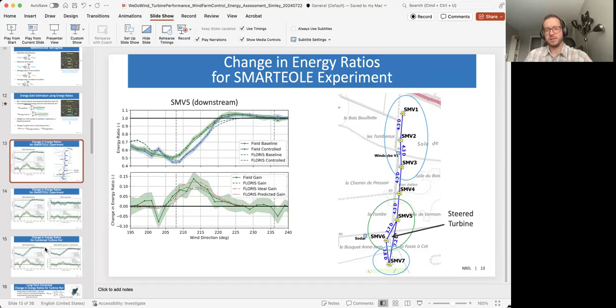And our reasoning is that we want to downsample because just looking at 1 second data, there's a lot of noise there, a lot of turbulent variations in the power and wind speeds at each turbine.